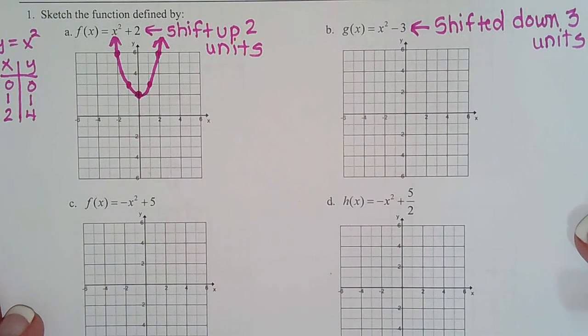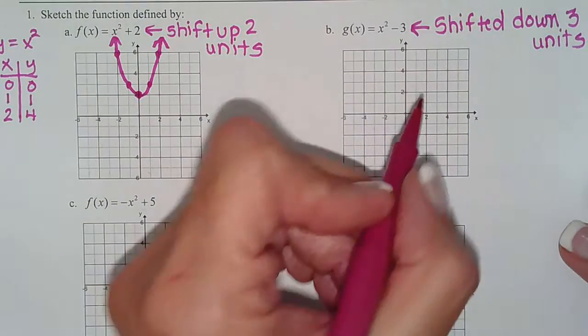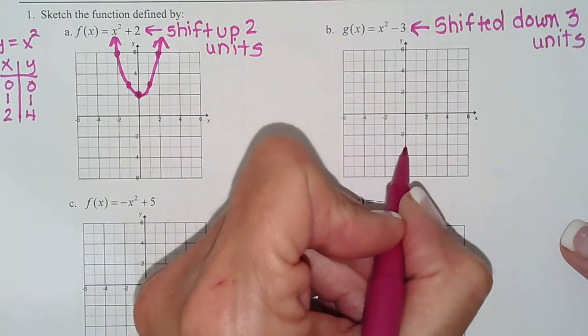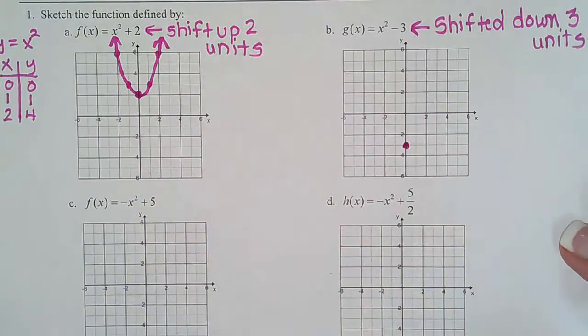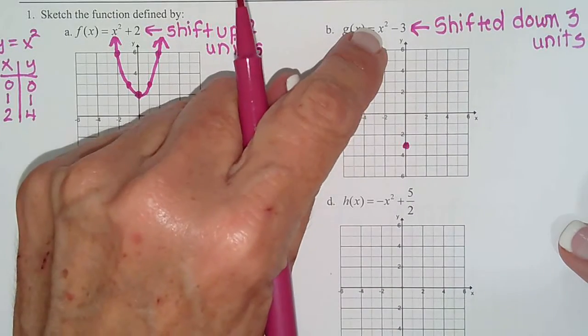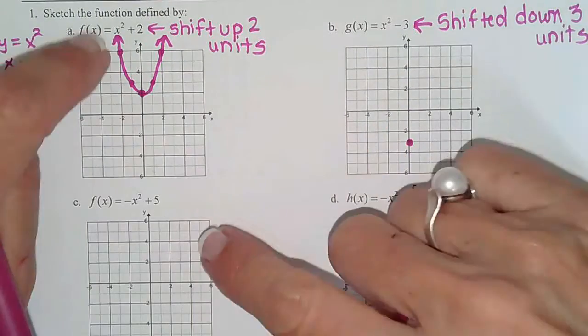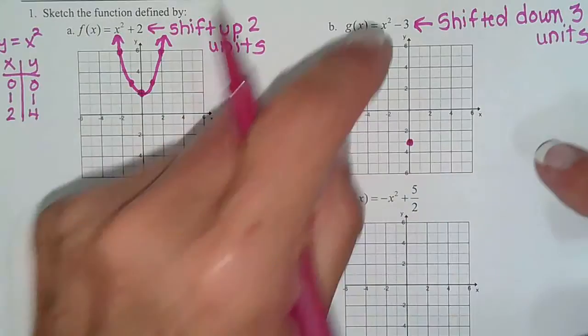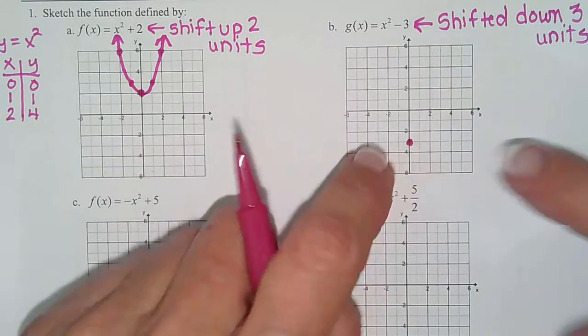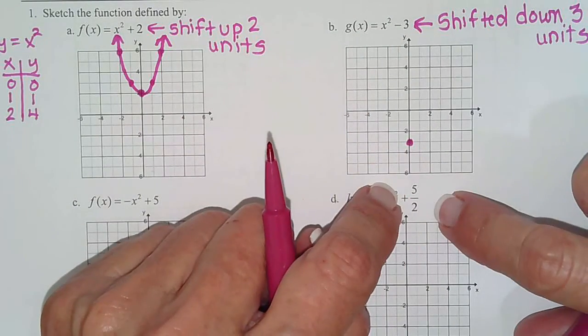And I shift it down 3 units. So 1, 2, 3. So there's my new vertex. And remember how we learned when the leading coefficient is positive, the parabola cups up. Positive, parabola cups up. If that had been a negative, you still shift down, but then the parabola would cup down.